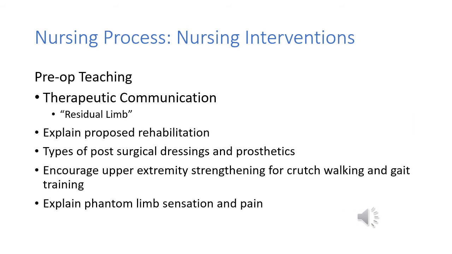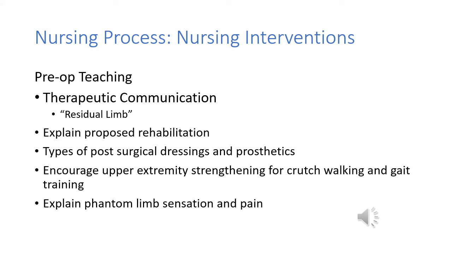In terms of nursing interventions, we should start with pre-op teaching, and like with all pre-op teaching, how we set them up beforehand for success will definitely have a relationship to how well they succeed afterwards. So in addressing the grief and the loss and the coping and the body image issues, we need to be very careful about how we talk about the amputation to the client.